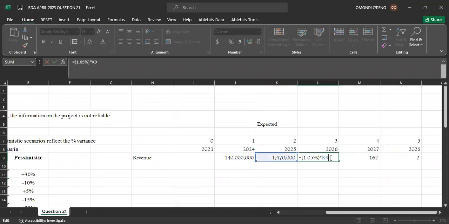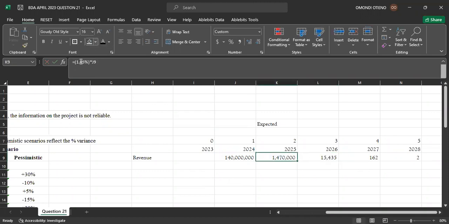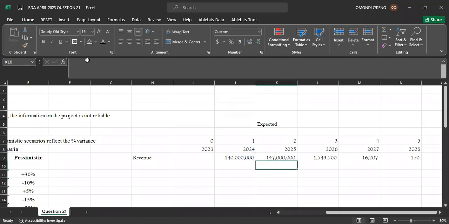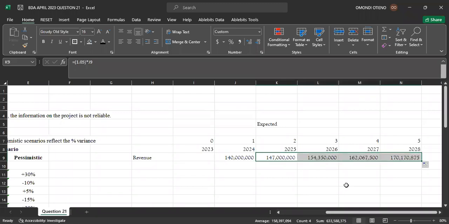Sorry, it is not 1.05%. It is 1.05, so not with a percentage. If you are using 1.05, there is no percentage, unless you are using 105%. So if that is done, this is what you are going to have as your revenues for 2024 to 2028.